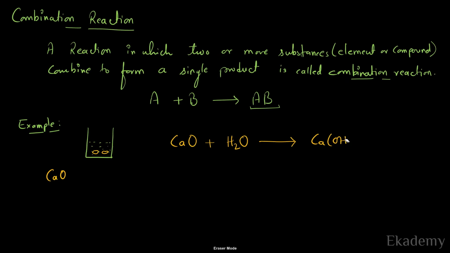Ca(OH)2, with OH written in bracket and twice. You already know how to write these formulae using the valency of cations and anions. So what is happening in this reaction is two reactants are combining together to form a single product.